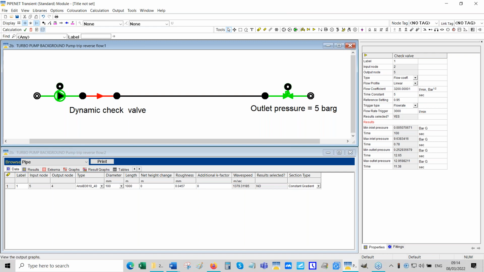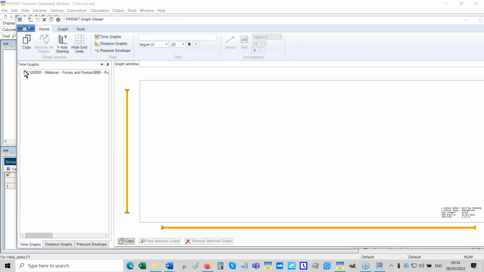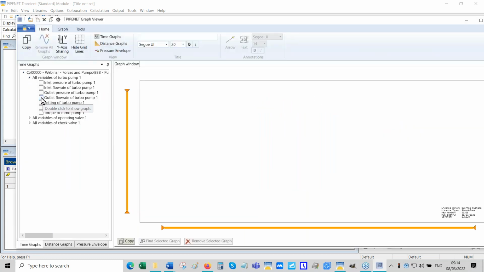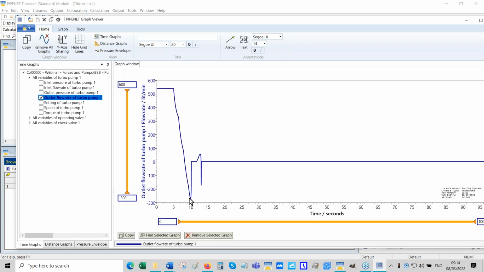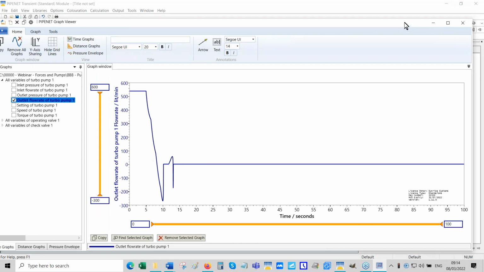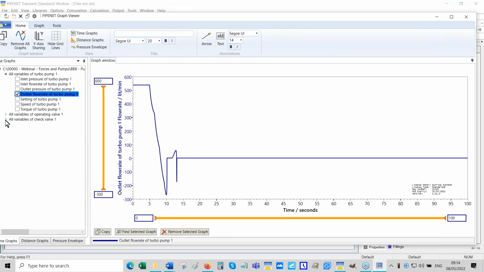You can see. Let's have a look once again. It goes to zero. You can have a look at the check valve position.